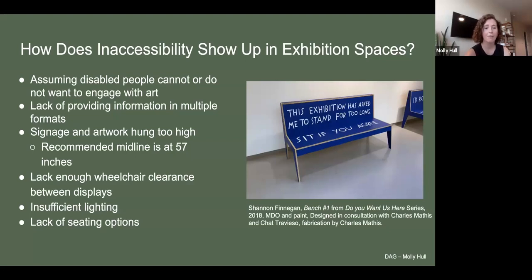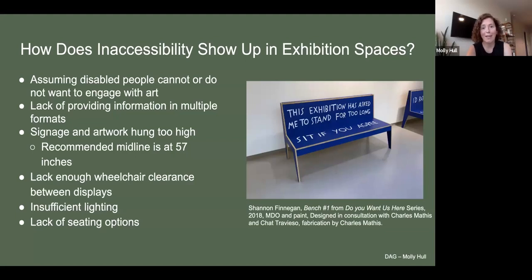Lack of enough wheelchair clearance between displays. So keeping in mind that it is recommended or required to have 30 inches by 48 inches of clear floor space. So making sure that those pedestals aren't too close together and that there's enough clearance between them for a wheelchair user to go between them. Inefficient lighting.